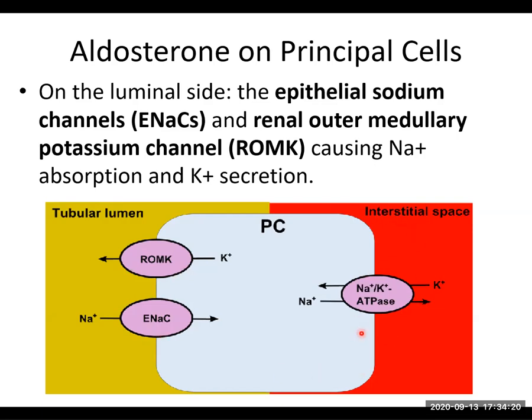On the basolateral side, we have the typical sodium potassium ATPase. So with these three membrane proteins, the function of these principal cells is to reabsorb the sodium from the urine, while secreting the potassium.